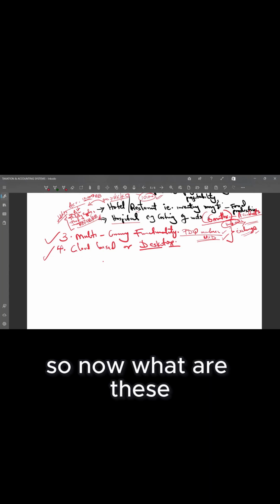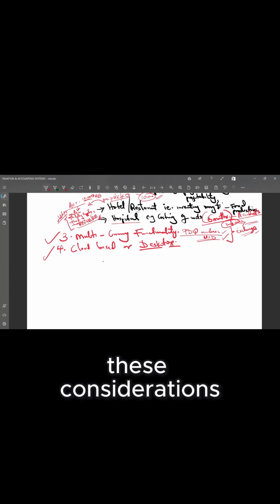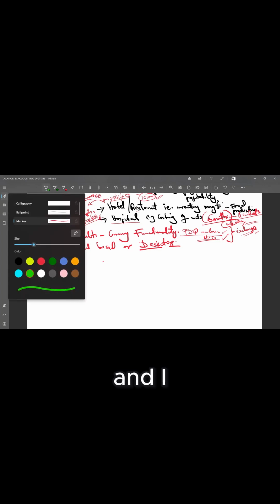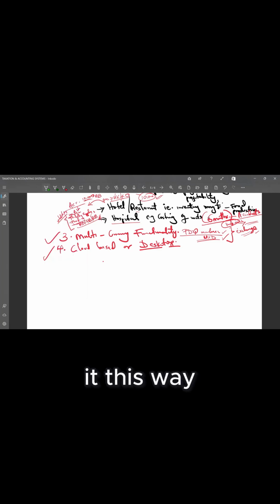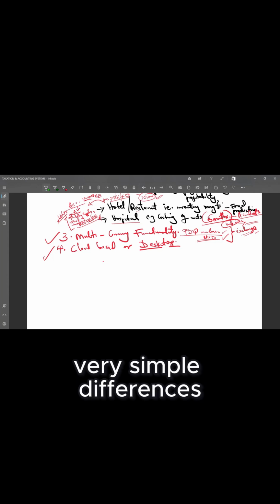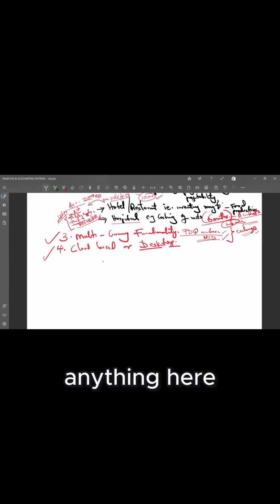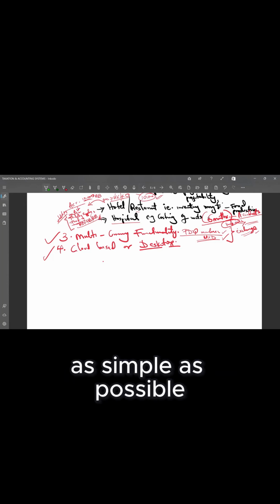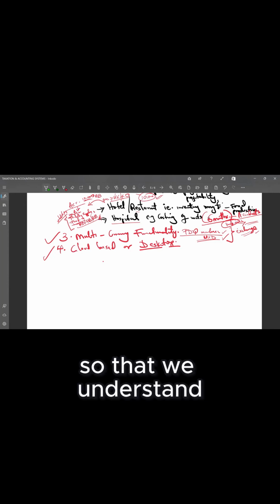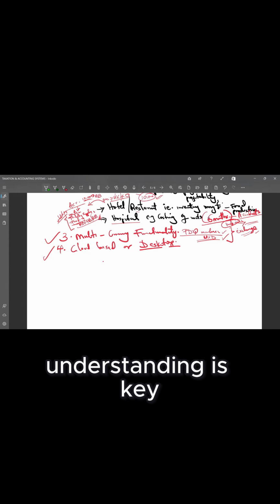Good. So now, what are these considerations that we are looking at? And I want you to look at it this way. I want us to come up with very simple differences. I'm not complicating anything here. I want to make it as simple as possible, so that we understand, because understanding is key.